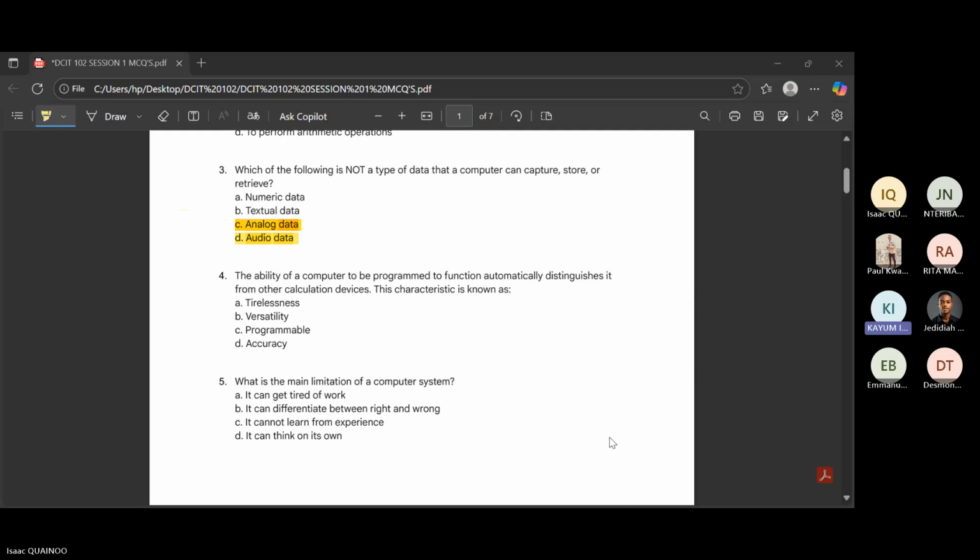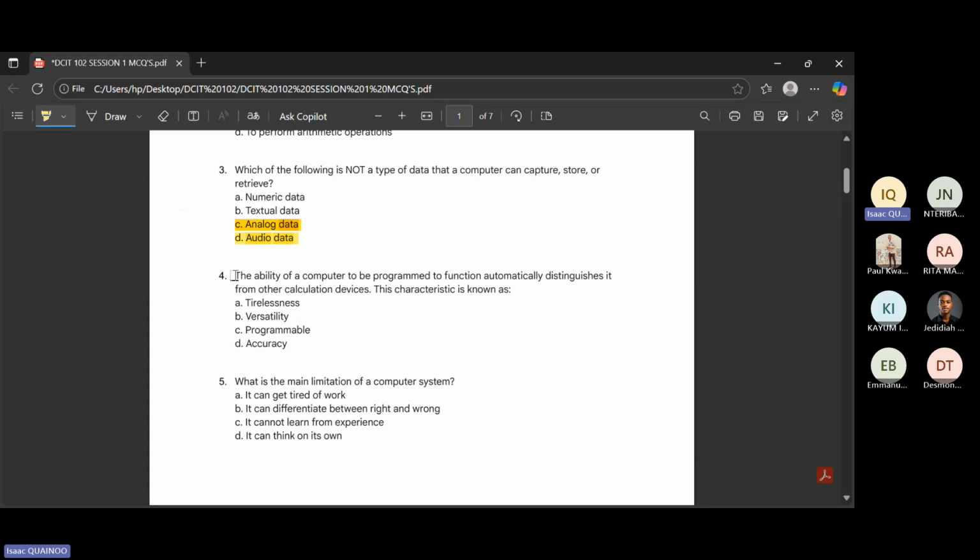That's the accuracy. Is it the accuracy? Not really. Accuracy is a characteristic of a computer returning accurate output that corresponds with the input provided. So we said the last time that when you give a set of data and instructions to a computer, it should be able to process it and return an accurate output. So that was accuracy.